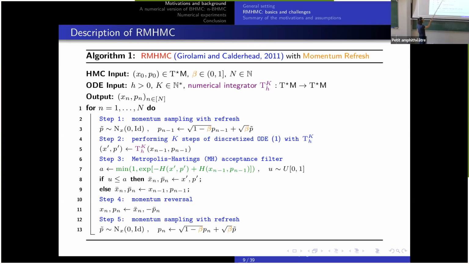All is hidden in the numerical integration of the Hamiltonian dynamics on your manifold with your particular metric. In their paper, they rely on well-known numerical analysis to suggest an algorithm to solve this Hamiltonian dynamics in such a way that the proposal stays reversible. And that's all the trick in HMC. If your discretization is reversible and symplectic, you can still use the same recipes as HMC.